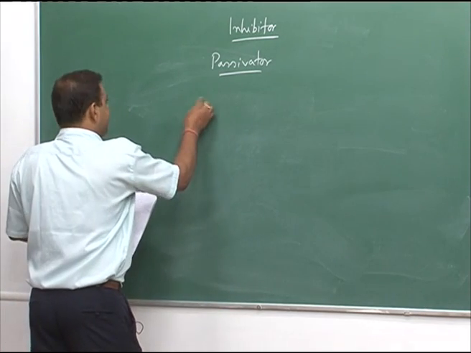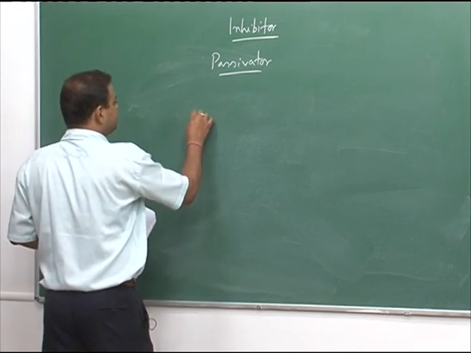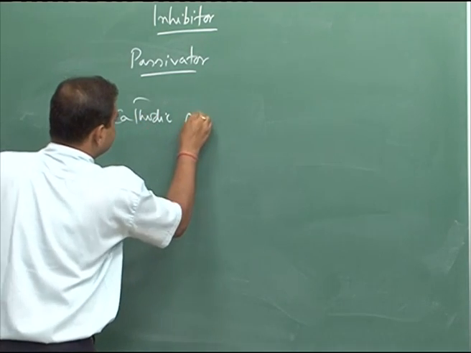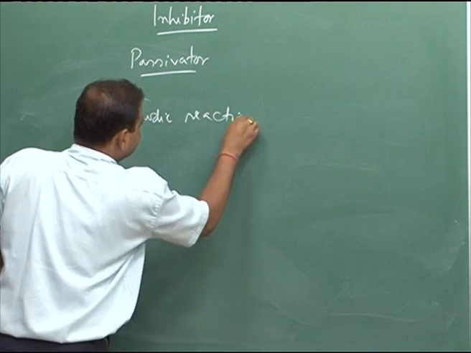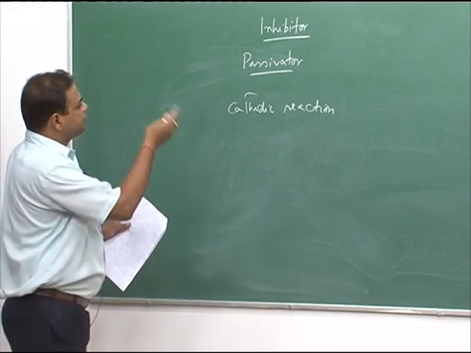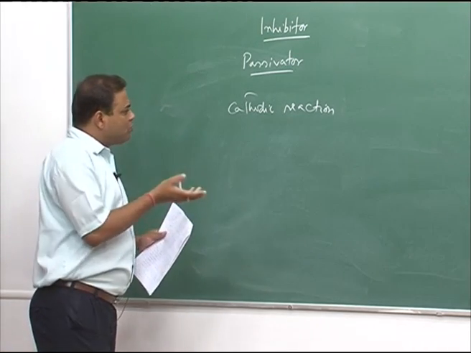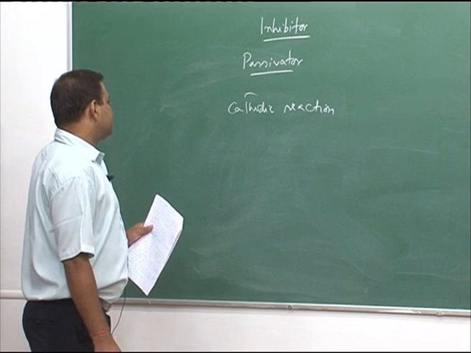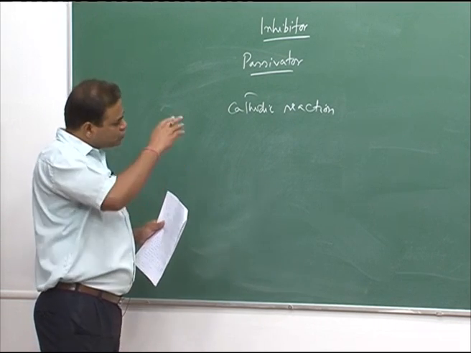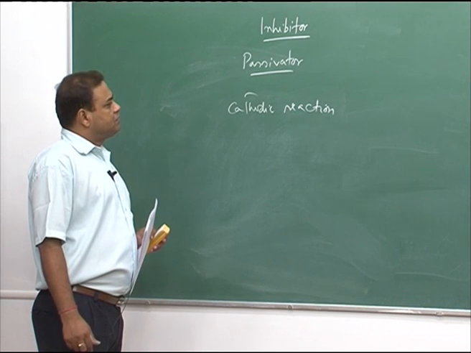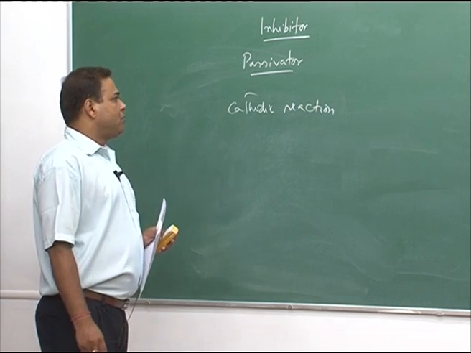So, they affect the cathodic reaction. They increase the electrode potential of the cathodic reaction or move it to the noble side, so that it goes to the critical position, so that passivation is possible.